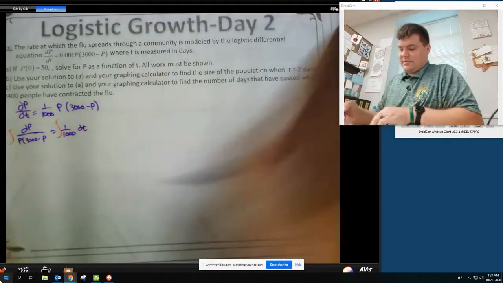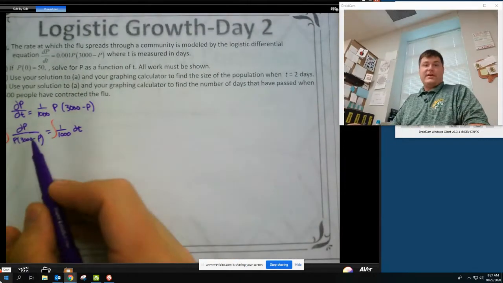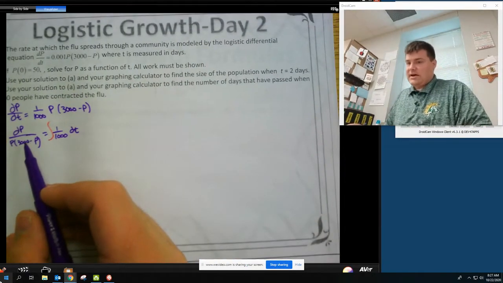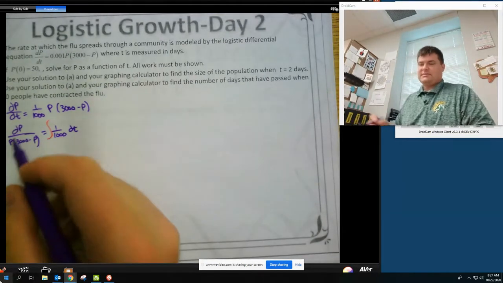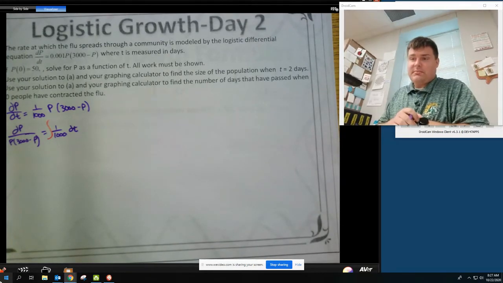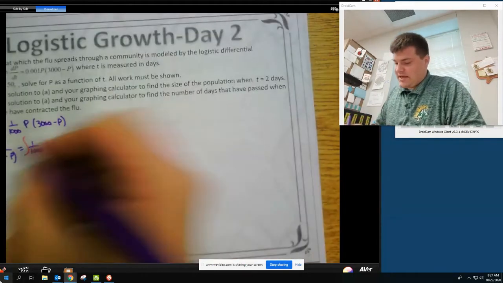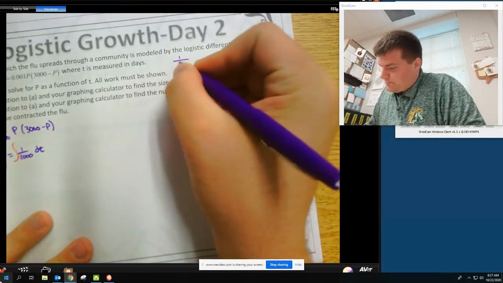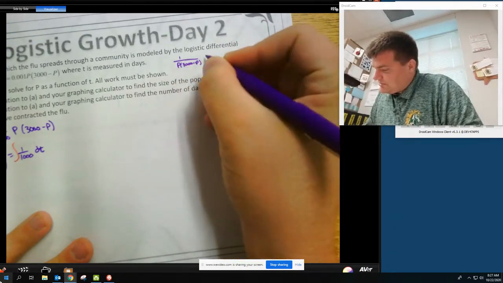Now, I cannot necessarily take the integral of this one right here because I need to do a little work to it. There's no u-sub, nothing simple like that. So I have to do some partial fractions. With that being said, I have this 1 over p(3,000 minus p). I want to write this out as two separate fractions.